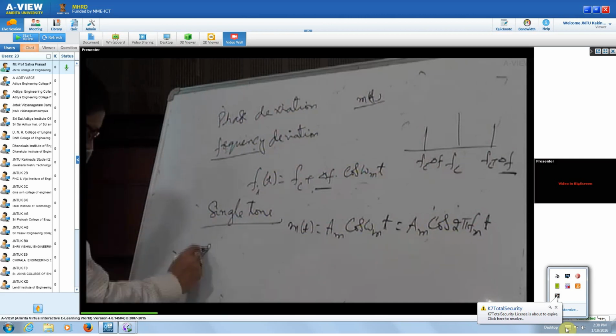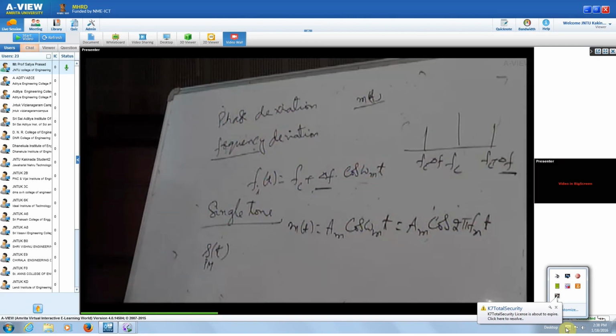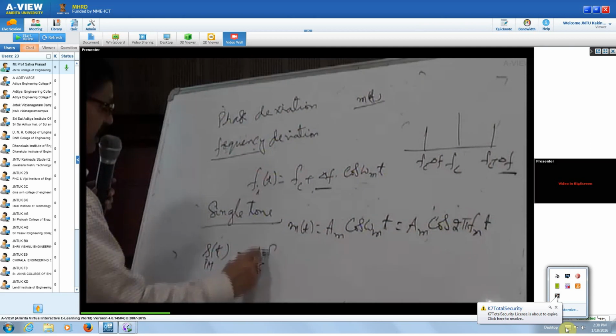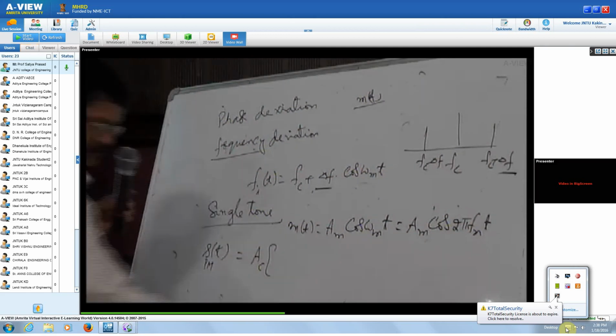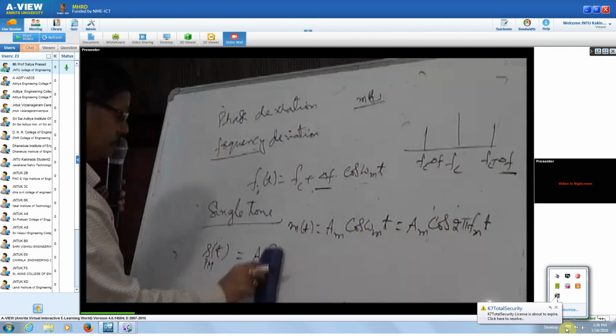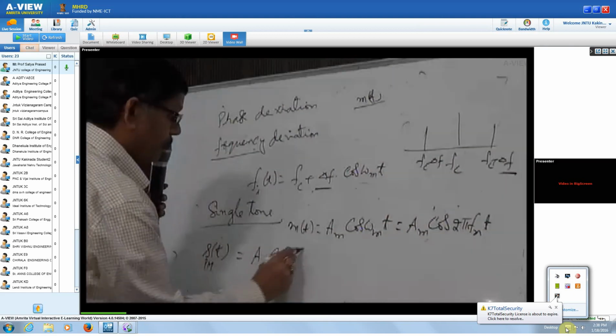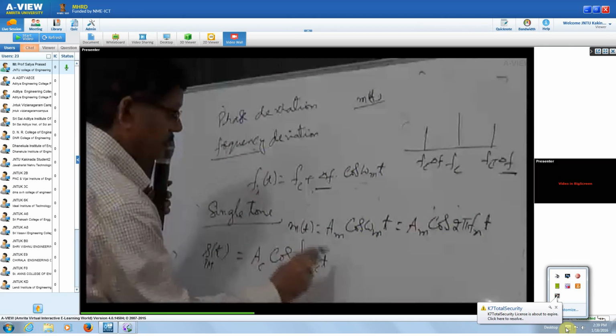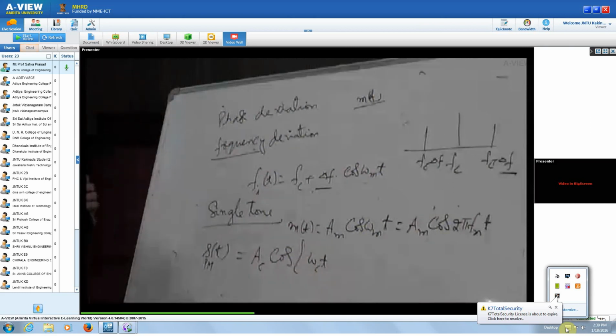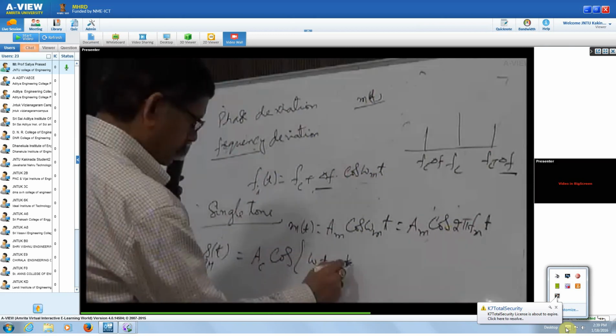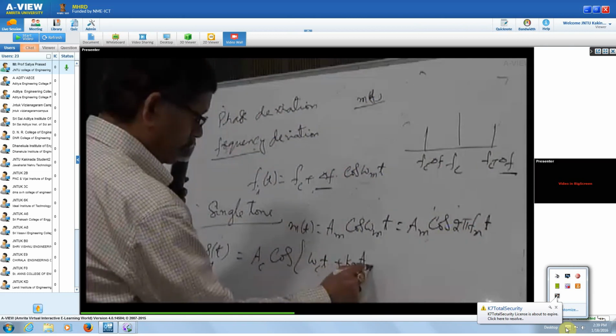So for s of t for phase modulation, it will be equal to Ac cos omega ct plus kp Am cos omega mt.